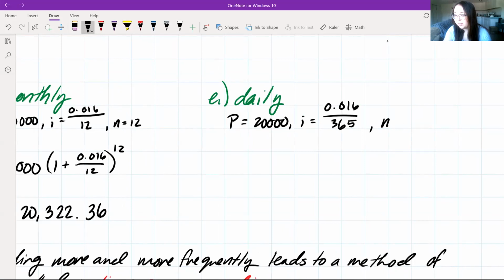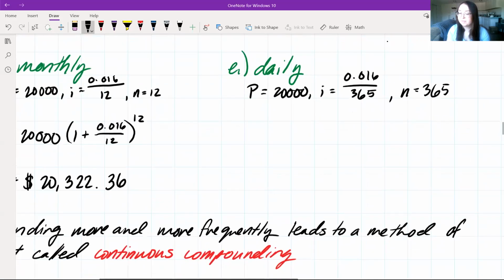Then our n value is going to be 365. Let's plug everything into our equation. We get A is equal to 20,000 times 1 plus 0.016 divided by 365.